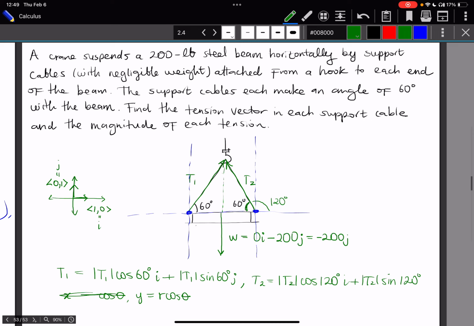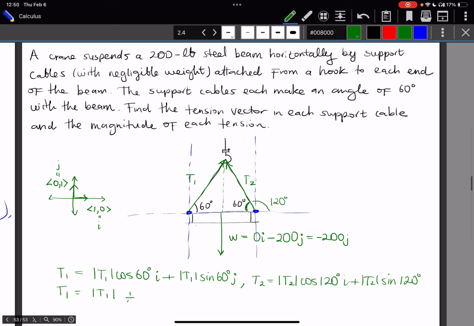Okay, so we have equations that tell us about T1 and T2, and we can actually write those equations a little bit more explicitly. Like here, T1 is actually the same as T1, and the cosine of 60 degrees is a half.